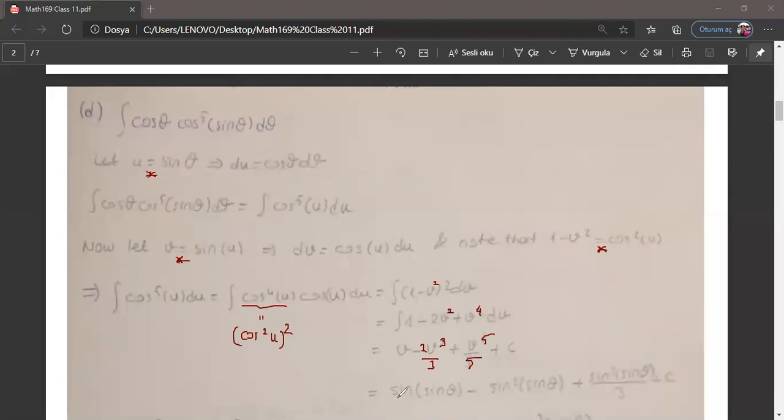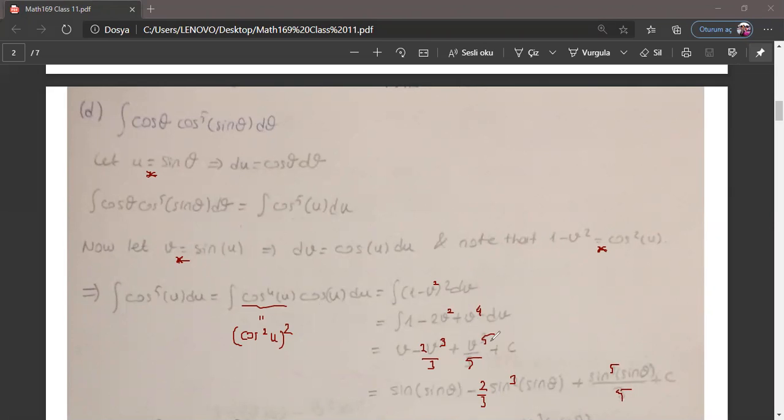So here we have sin u, and u was sin theta, so we have sin of sin theta. And for this one, we have minus 2 over 3 sin cubed of sin theta. And for that one, we have this.